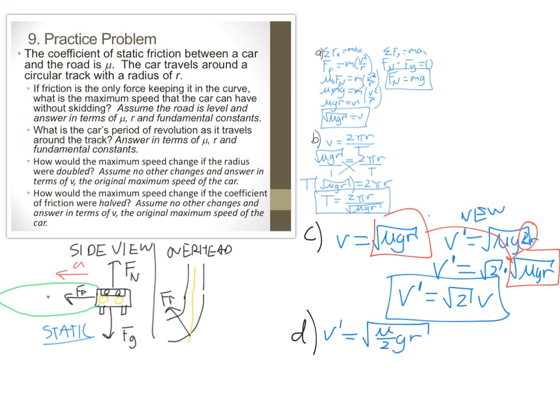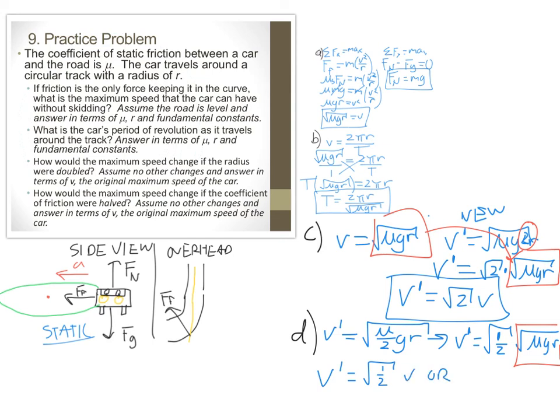I'm going to do the same basic thing there and pull out that number, leaving root mu gr, so really we can rewrite this as the square root of 1/2 times the square root of mu gr. This expression here is our original velocity, and so that means that v prime is equal to the square root of 1/2 v.